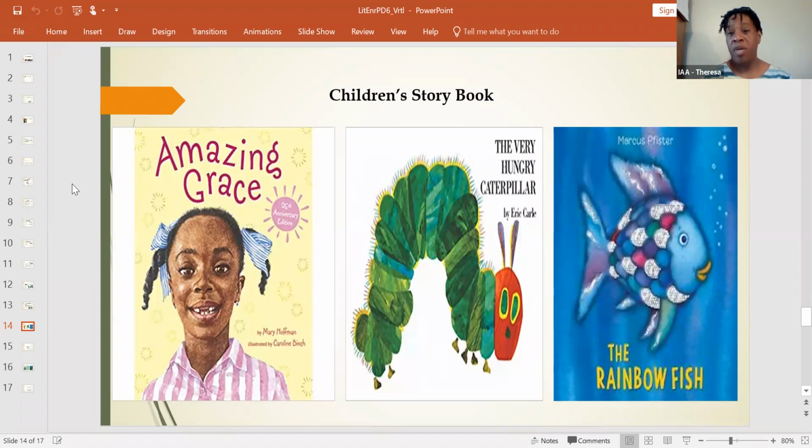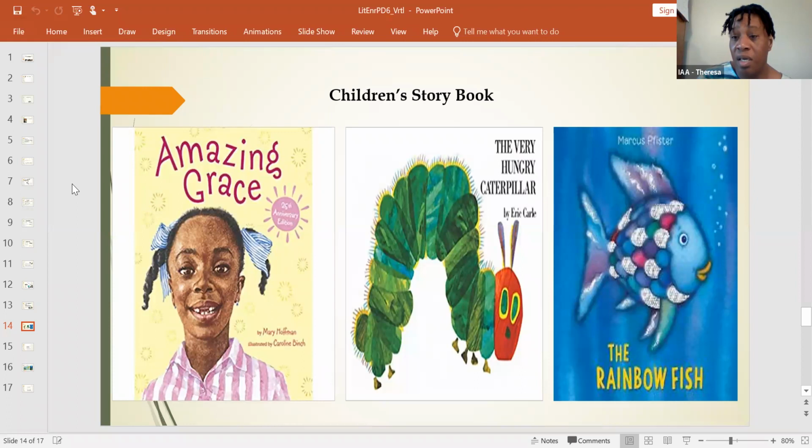And these can be questions that are just general questions, like who is the character of the story? Where did the story take place? You know, what are like two interesting pieces of the story that you liked? Things like that. And then we can get into even more deeper questions, like what was the author's main idea?